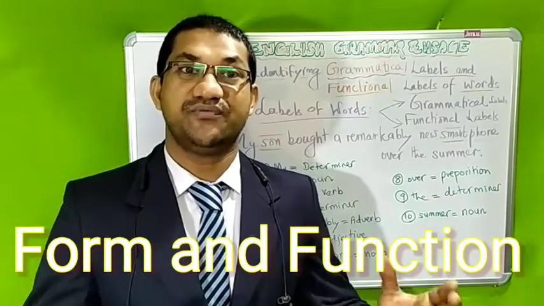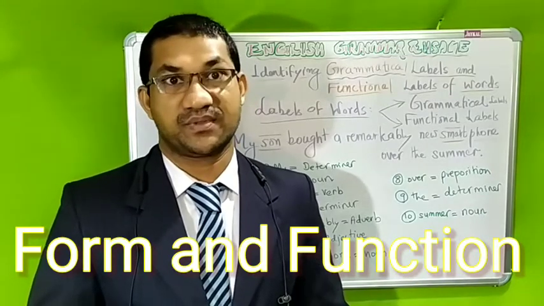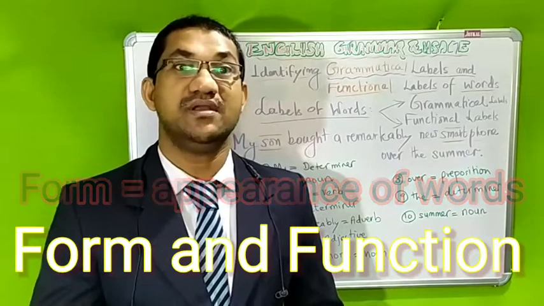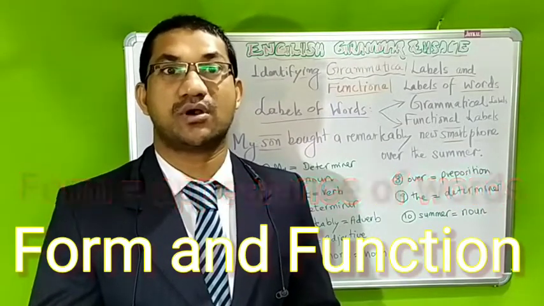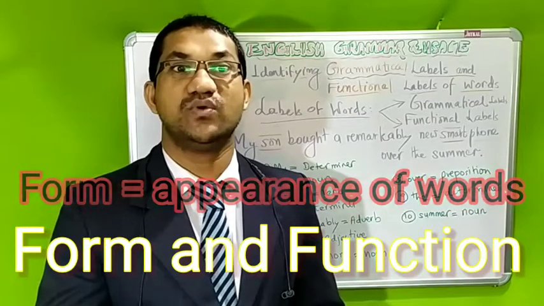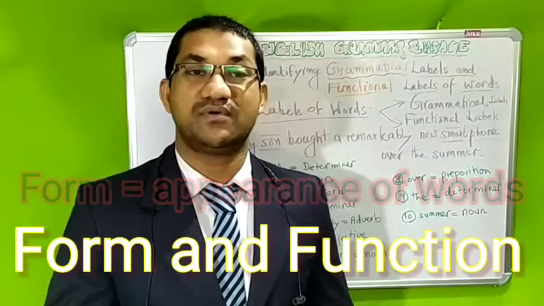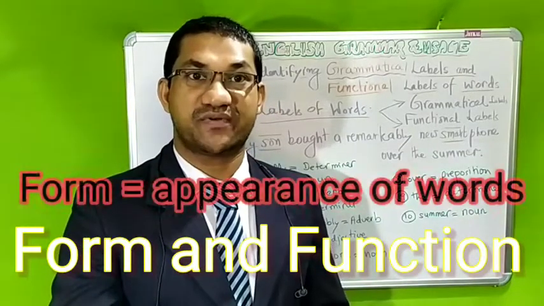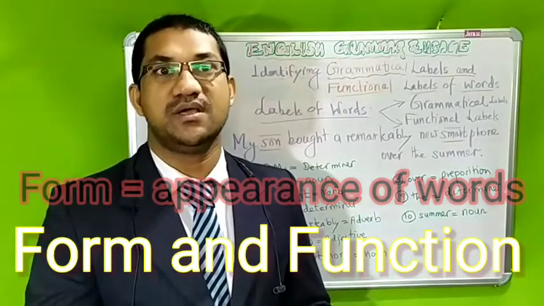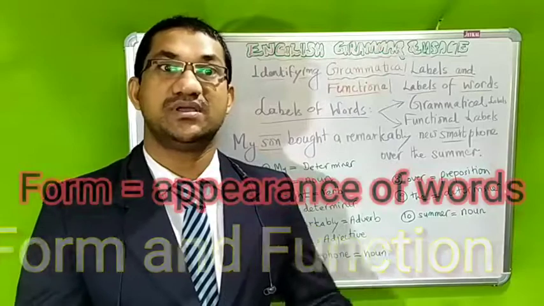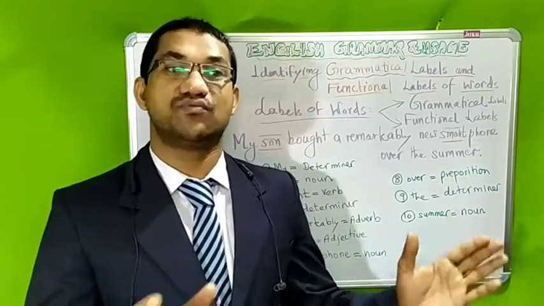Form refers to the very appearance of each of the words, whether we have them in a sentence, in a phrase or a clause, or see them as words themselves. Based on the form of the words, we have to give them labels, we have to name them, we have to say what is what.